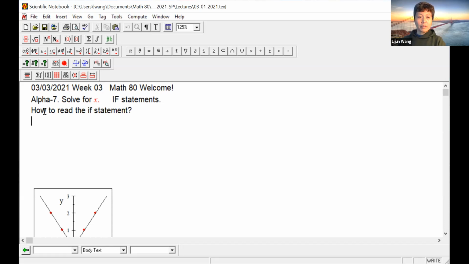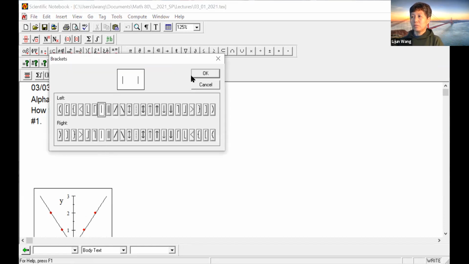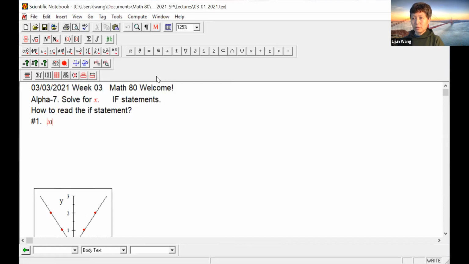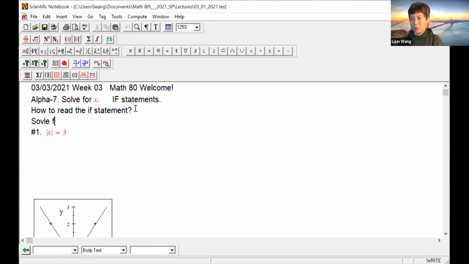For example, in alpha 7, you have a common title, which is solve for x. And then you start to have questions. The first question is absolute value of x is equal to 3. And they ask you to solve for x.